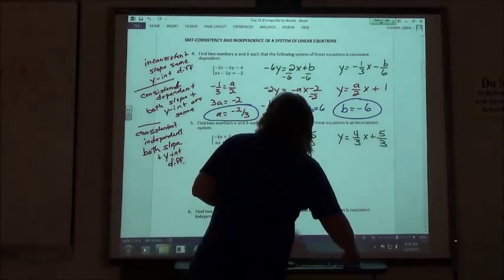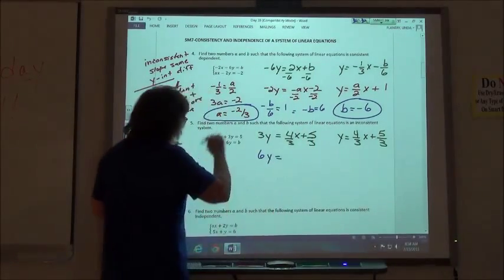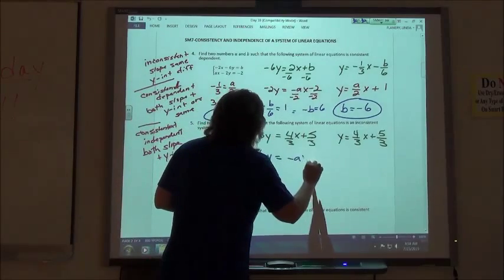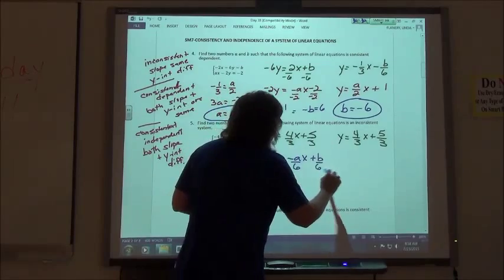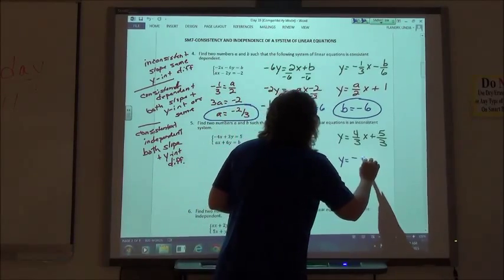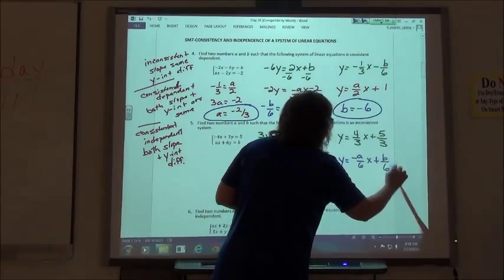On my second equation, 6y is going to equal negative ax plus b. I'm going to divide by 6. So y is going to equal negative a over 6 x plus b over 6.